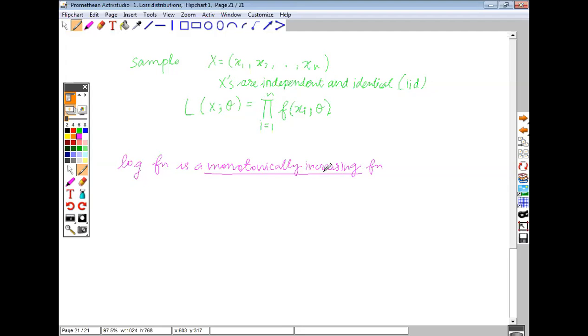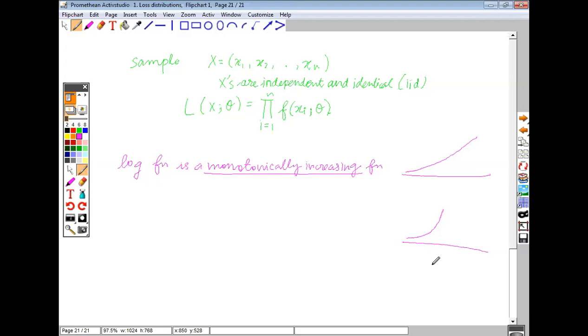So if I'm wanting to maximize my likelihood function, the same value of x that maximizes my likelihood function will also maximize the log of that likelihood function, because log is a monotonically increasing function. What I mean is, let's say I observe some x like this, and if I take the logarithm of these, I will get something maybe like this.